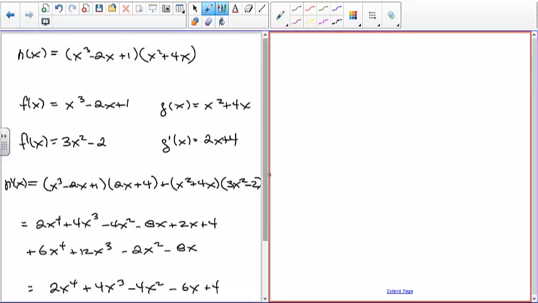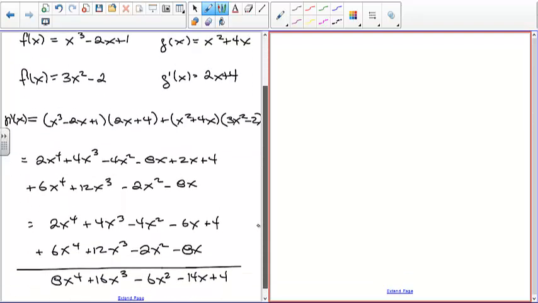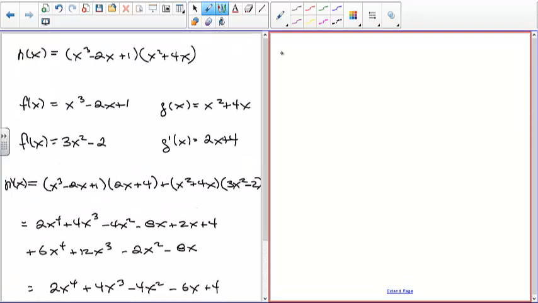And again, I'm going to just do this to make sure I did it right by multiplying this thing out at first. So h of x, so we're going to get x to the fifth plus 4x to the fourth minus 2x cubed minus 8x squared plus x squared plus 4x. Make sure I get this right again.